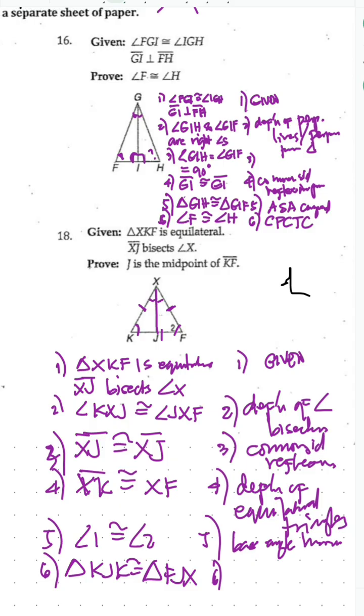What will be a reason here? The two triangles are congruent. Because it's given that it bisects, right? XJ bisects.